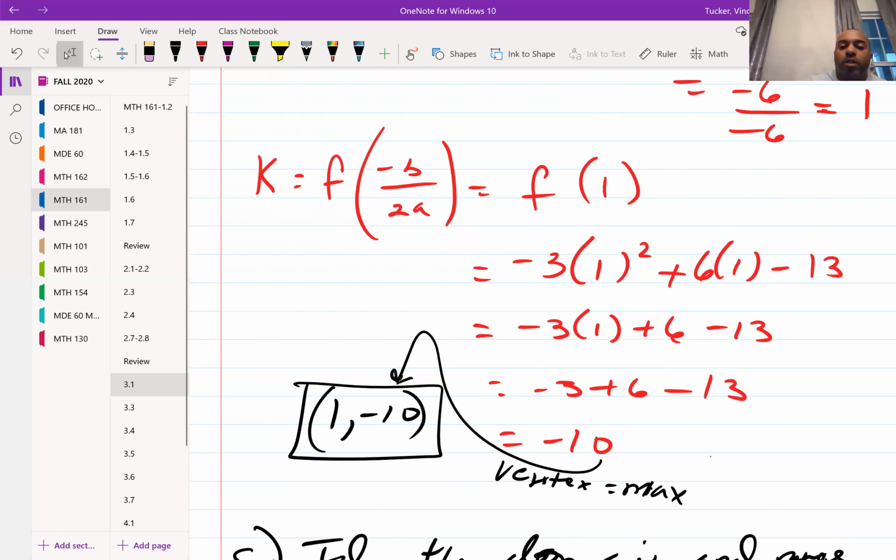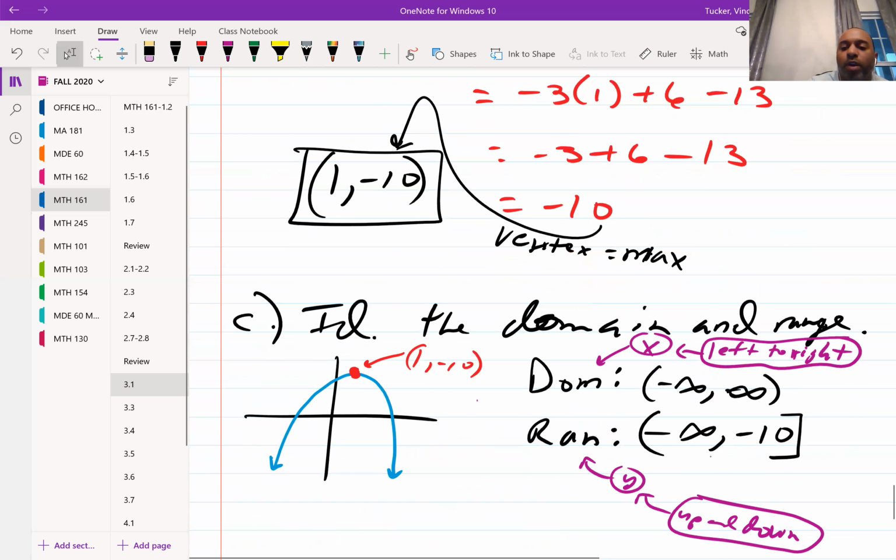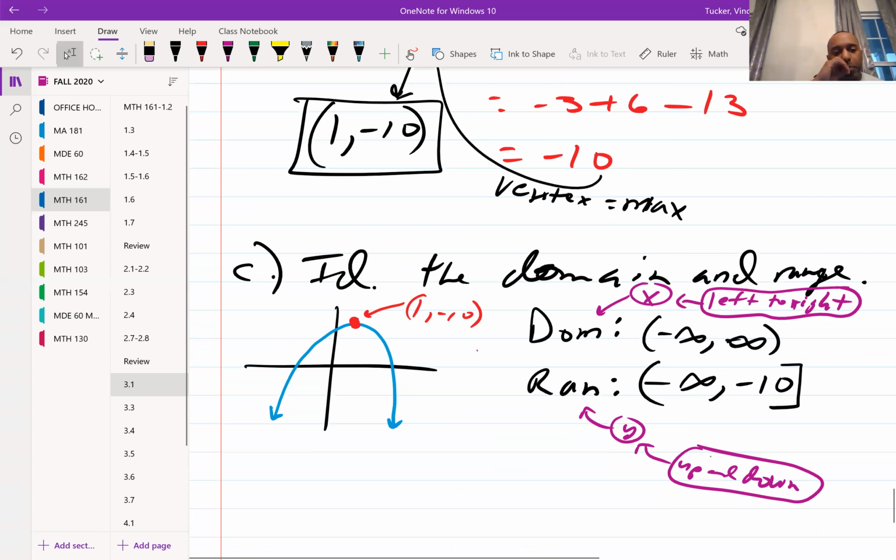All right, so you got C down here: identify the domain and range. When it comes to the domain and range of your parabola or quadratic function, for your domain, it will always be negative infinity to infinity. Reading your x from left to right, it continues to get wider and wider as it goes outward from the vertex.